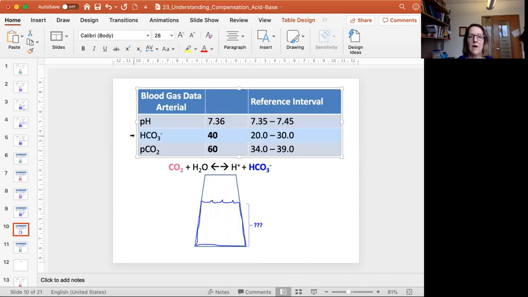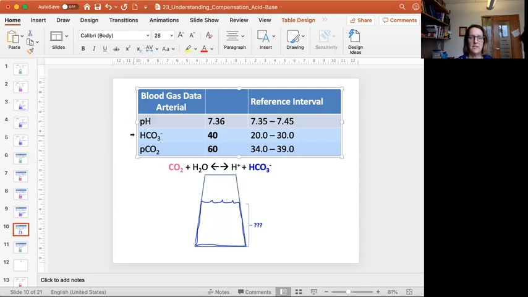What on earth is going on? pH is normal because they've pulled so far in opposite directions that the pH is in the middle, more or less. So whenever you see a normal pH on a blood gas, but you've got wild derangements in these things, that means there's a mixed process going on.